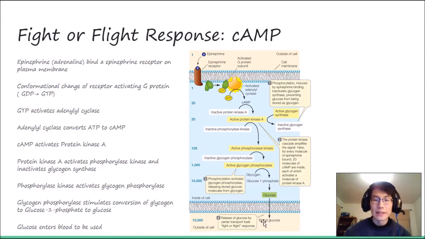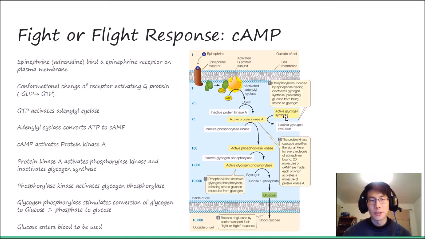That can be released from the cell into the bloodstream and sent to where it needs to be, because in this case, you want glucose out and about. And it's very important to keep in mind that protein kinase A also causes the inactivation of glycogen synthase.